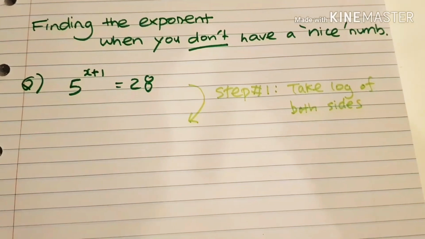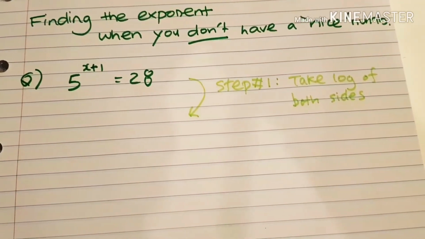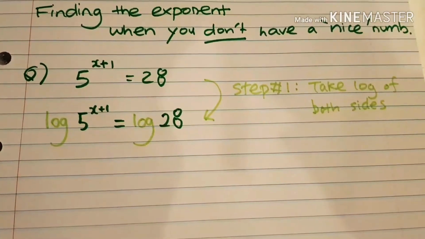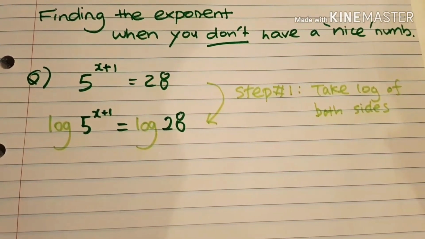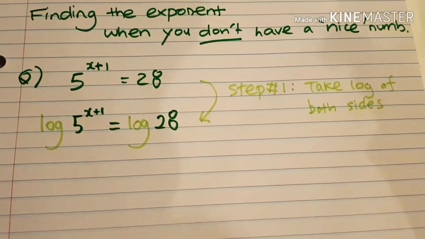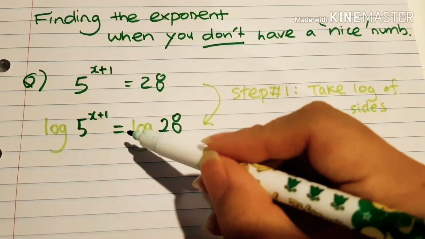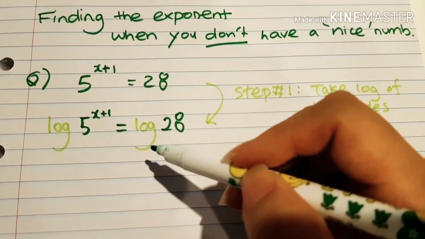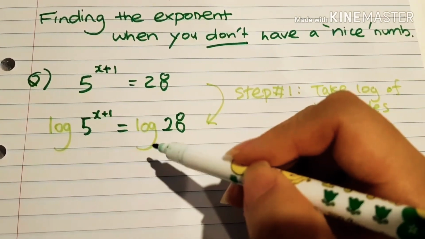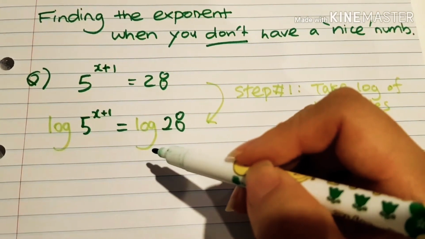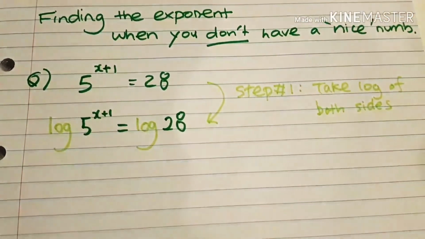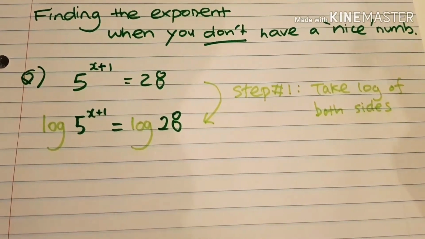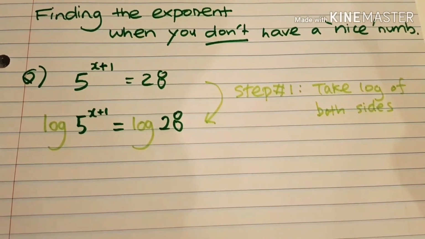Step number 1: you need to take the log of both sides. What I mean by that is I'm going to put log on both sides. In order to keep the balance, if you multiply, divide, add or subtract the same thing on both sides, it's still the same. So my step 1 is take log of both sides.